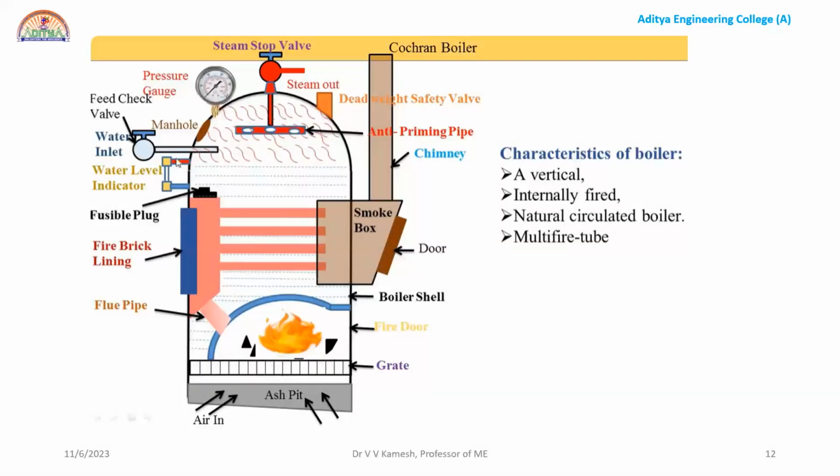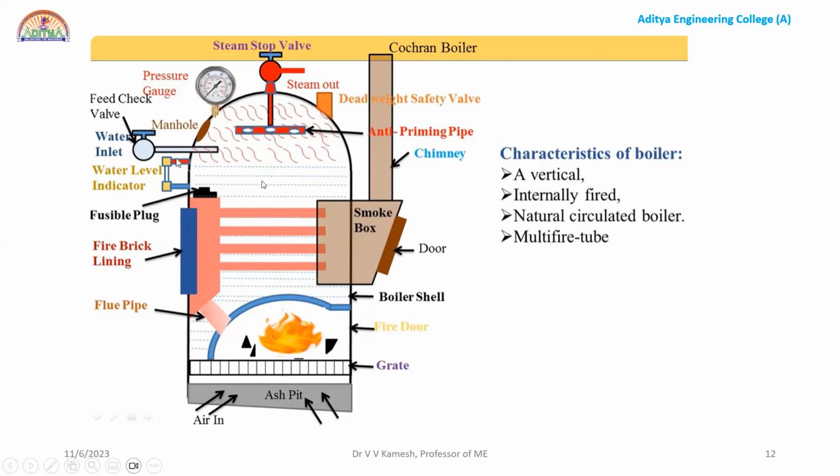And in the next diagram, you can see all the items of your Cochran boiler. So at the bottom, we have the coal fire or the fuel fire, and the gases will go through the flue pipe, and the pipes you are seeing in peach color here, and through the smoke box, the gases will go out. Now, in between, inside the boiler shell, we have the water.